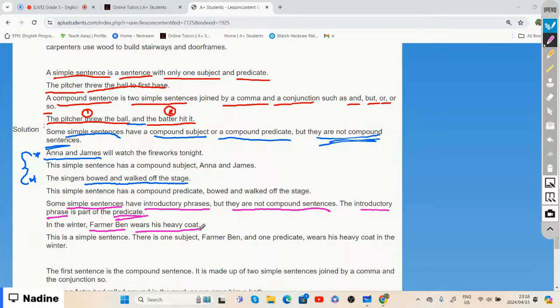If we were to add the introductory phrase to the predicate, it would be wears his heavy coat in the winter. So the predicate is like a verb, it's the action, or you can say the action phrase, the verb phrase.